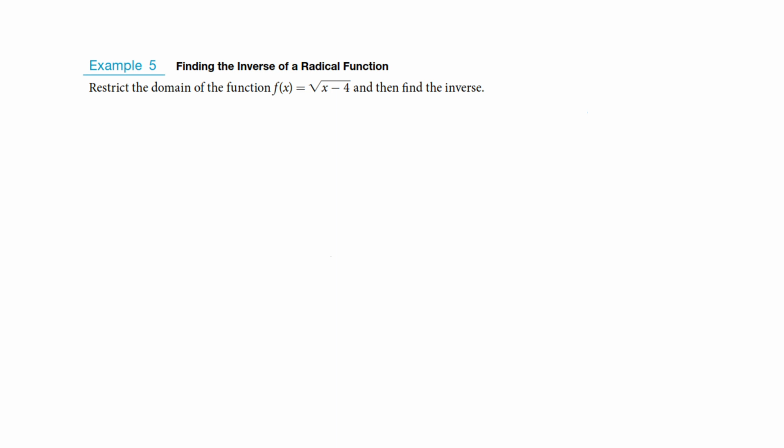Okay, now we're going to have something a little different here, and I'll tell you why. What's a little odd about this is that this one, when you create the square root function, has already been restricted, or it's not a function. So when I read this the first time, I got a little confused because this is not broken. This is already a one-to-one function.